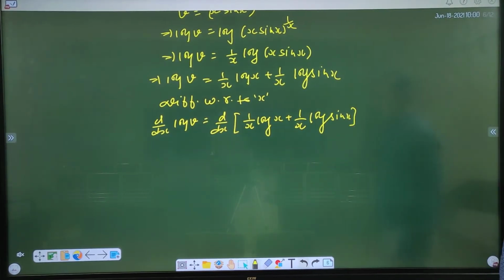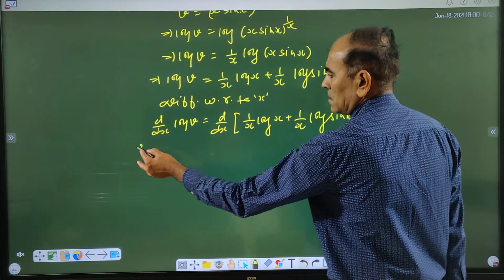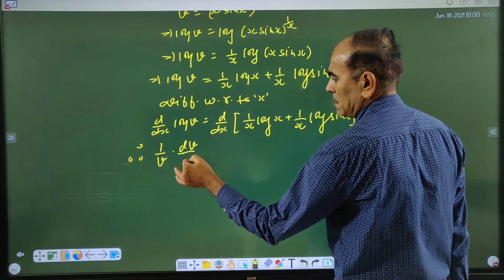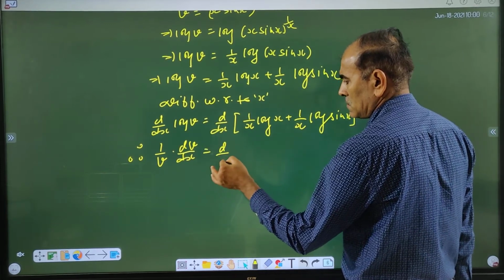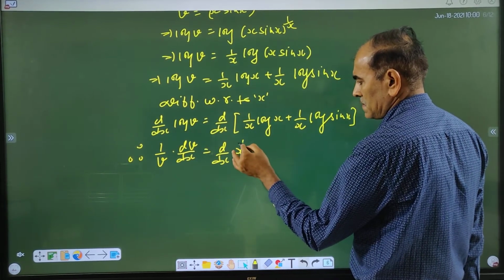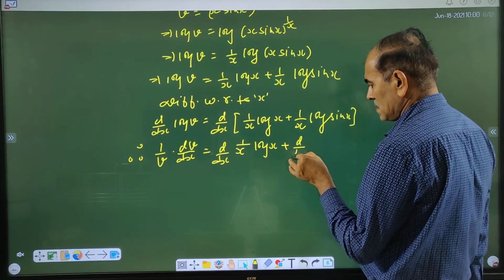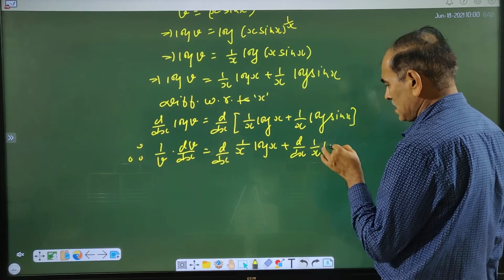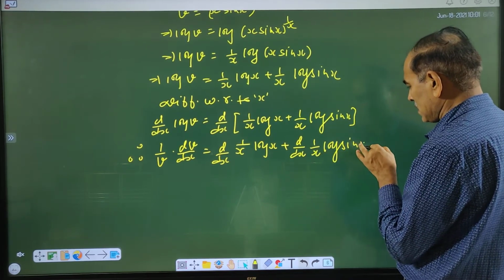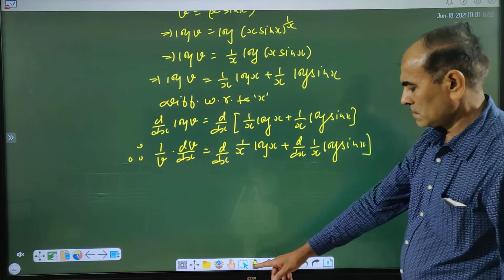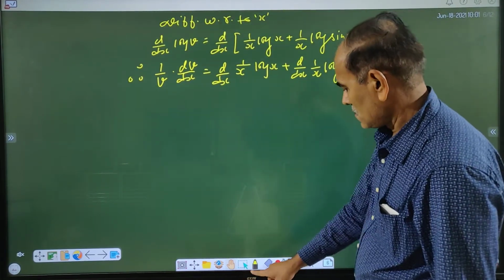So here we know that is 1 by v into dv by dx. Now differentiate both terms. Yes or no? Yes. So what do we get here?